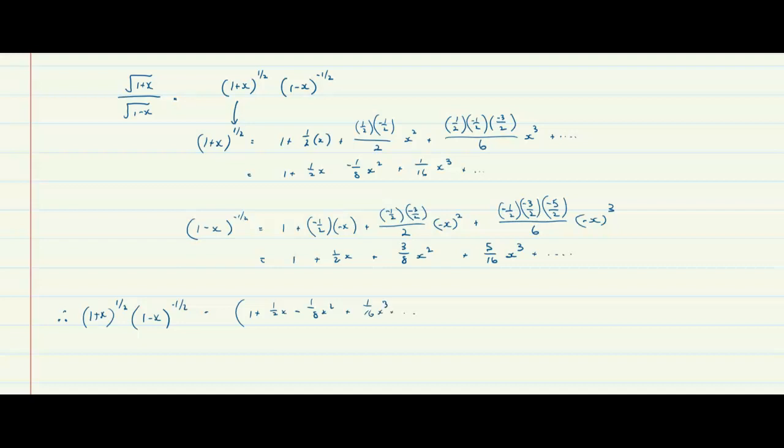All right, let's have a little look at that roll out, and let's compare it to this: plus a half x, plus 3/8 x squared, plus 5/16 x cubed, and on we go. So what do we get? Our first set of multiplications, or our pairs: 1 times 1, that looks solid. 1 times a half x, so we get a half x in there. 1 times 3/8 x squared, so we better bring that in.